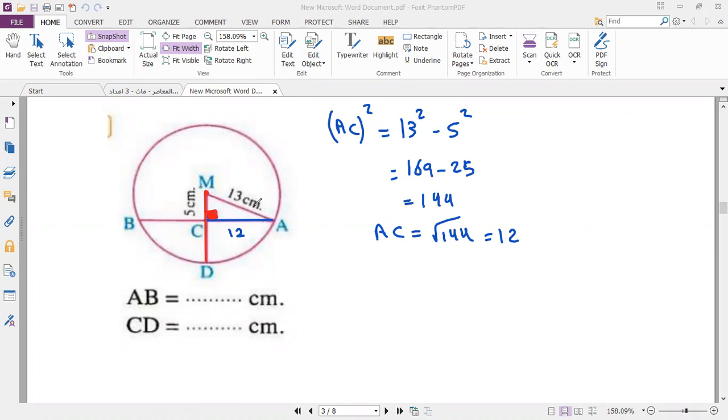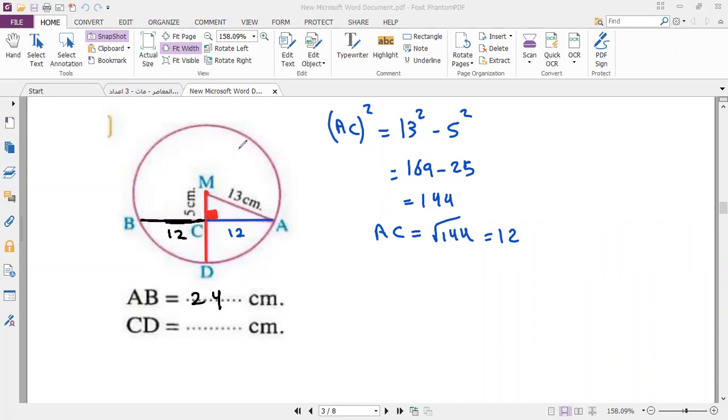Once again, pass through the center of the circle, perpendicular to any chord, so this line is going to bisect the chord. So here the length of BC equals 12. So what is the length of AB? AB equals 24 centimeters.